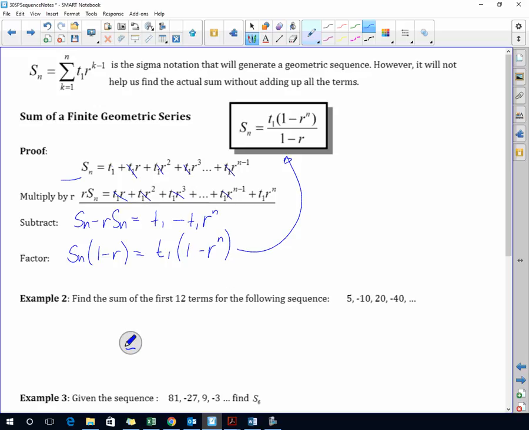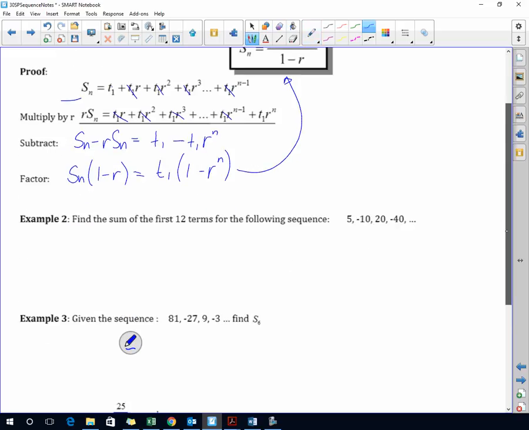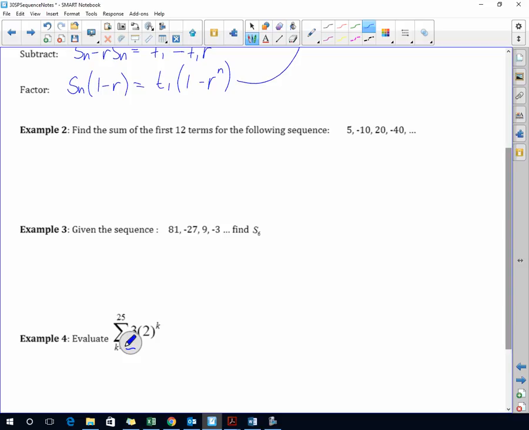So, sum of 12. Now, the hardest thing is knowing it's a geometric sequence versus an arithmetic sequence, because then you'll choose the wrong formula, right? Like, you can't choose the geometric formula and use it for an arithmetic, right? So what's happening here? Yeah, r is minus 2. It's not a common difference.